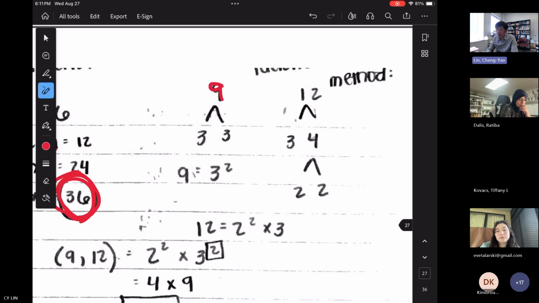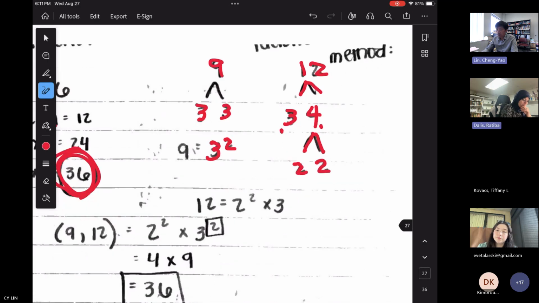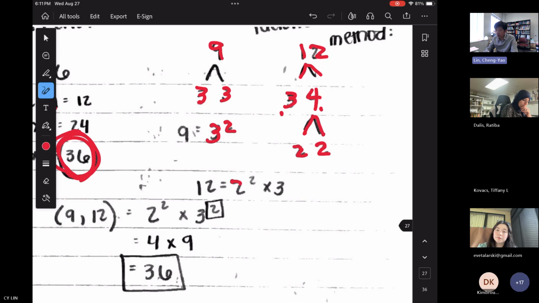So 9, we can break it down to 3 and 3, which is 3 squared. Now 12, we can break it down to 3 and 4. Is 4 prime? No, so we have to do it again. That would be 2 and 2, so 12 is 2 squared times 3.